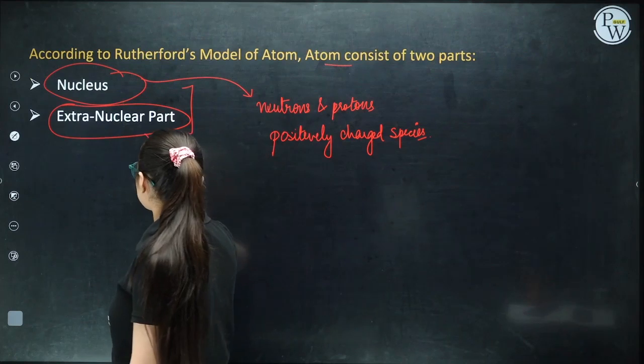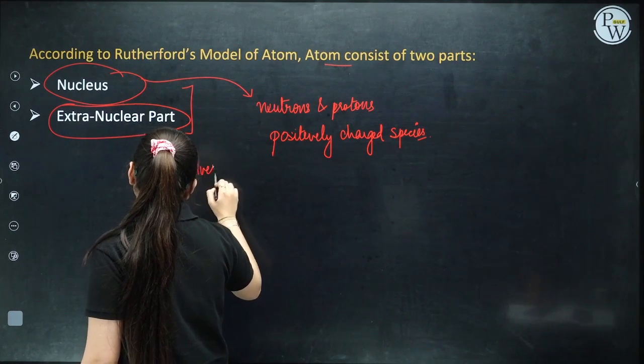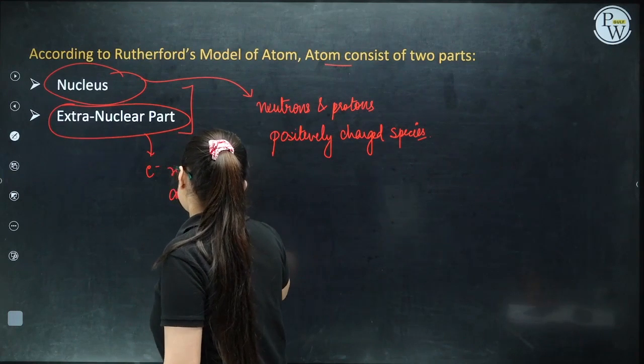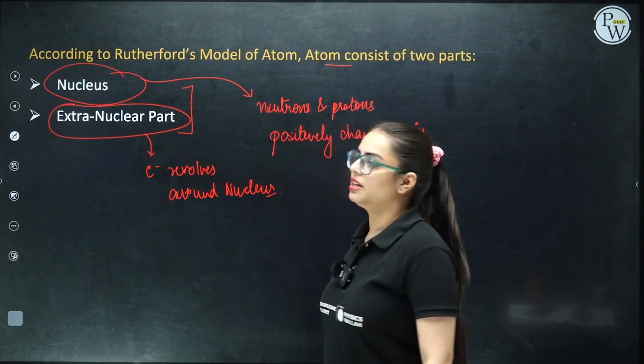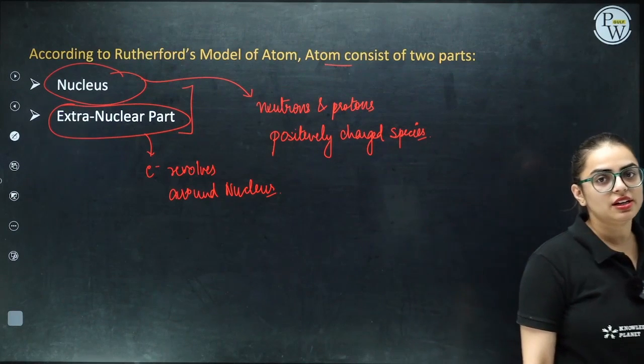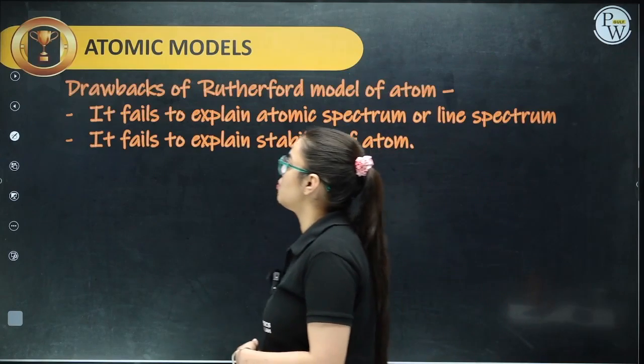Now, what happens in the extra nuclear part? Electrons revolve around the nucleus in the extra nuclear part. Clear, guys? So this was the observation made through the Rutherford model of atom.